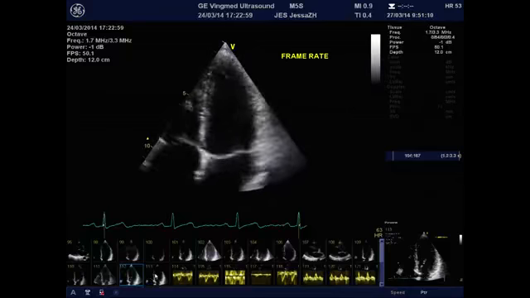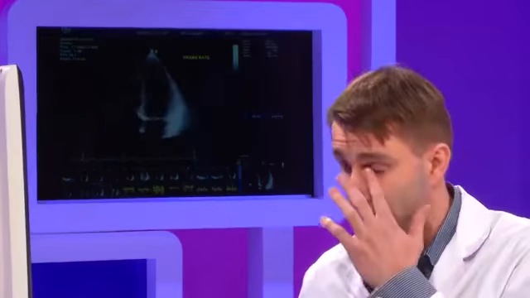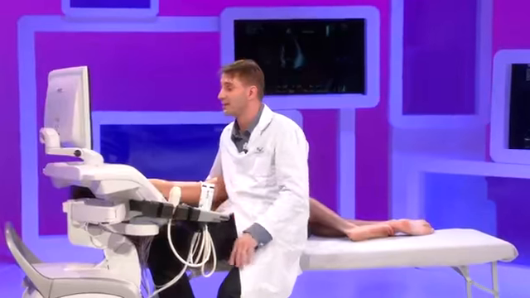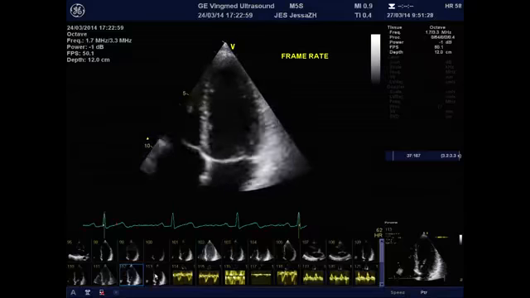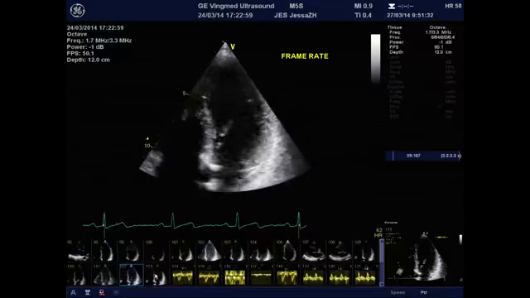I come back to frame rate. The echo image is always a trade-off between the number of lines, so the lateral resolution you have, and the number of frames per second. The more frames per second, the higher your temporal resolution, the lower your lateral resolution will be. So it's a trade-off.